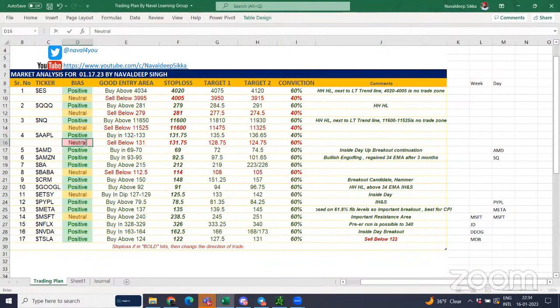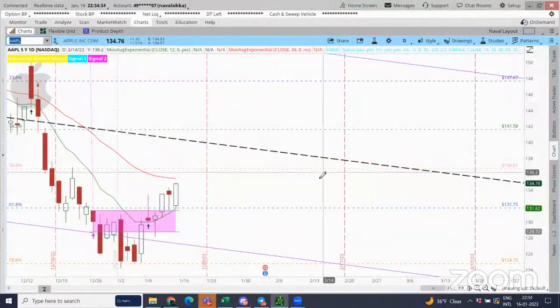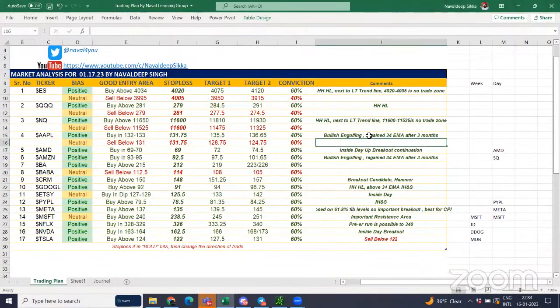So its first thing is bullish engulfing. Okay. Second thing, it has back tested the 12 EMA, which is positive. Back tested support of the 12 EMA.